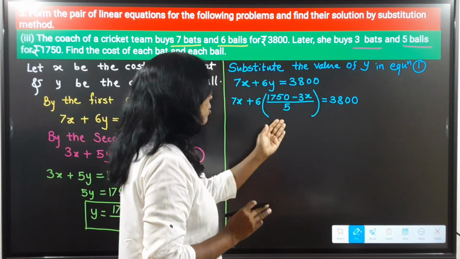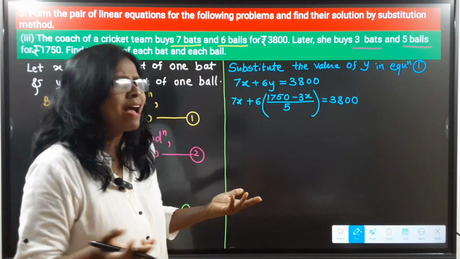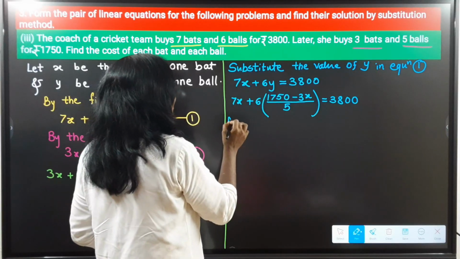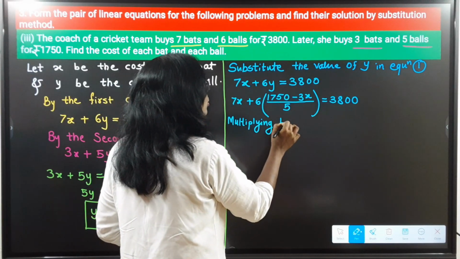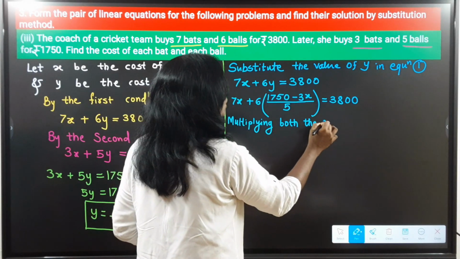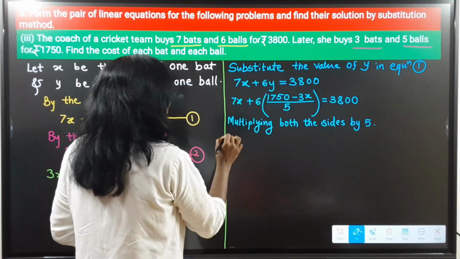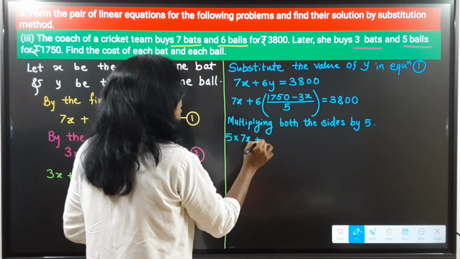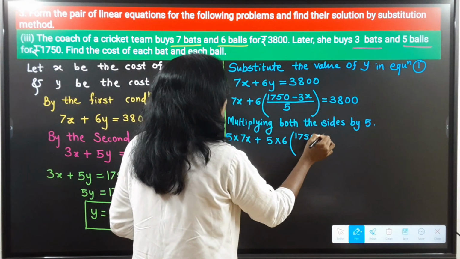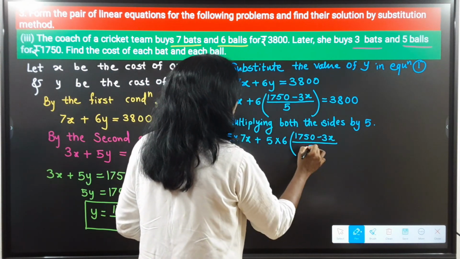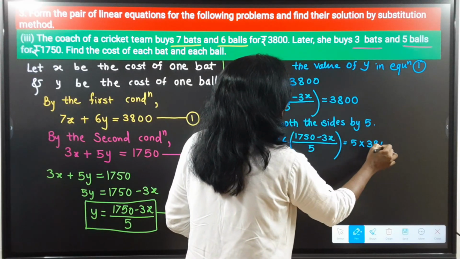At the denominator place there is 5, so I multiply both sides by 5. Then it can be simplified. Here 5 multiplied by 7x, plus 5 multiplied by 6 in the bracket (1,750 minus 3x) upon 5, is equal to 5 multiplied by 3,800.